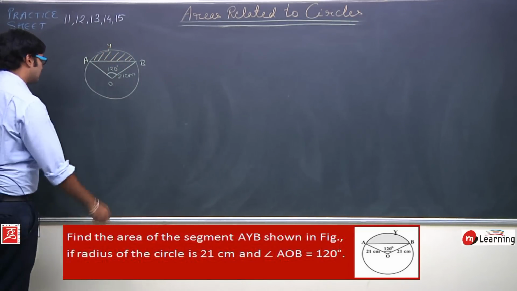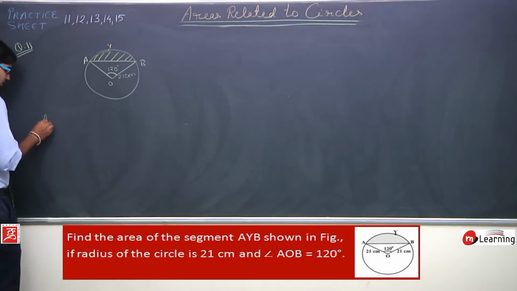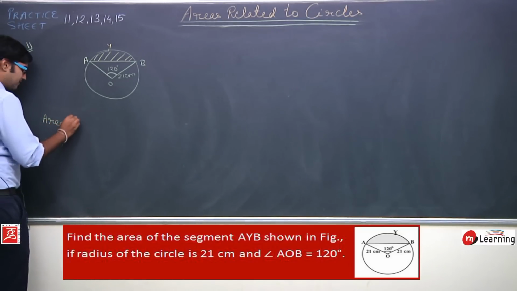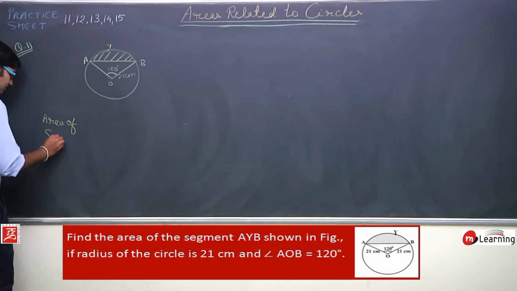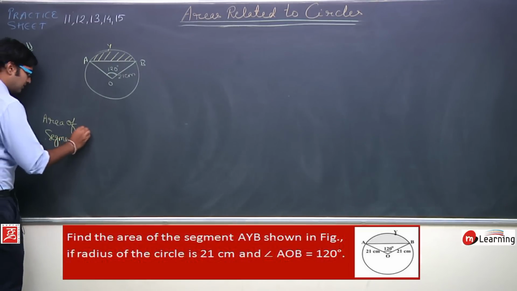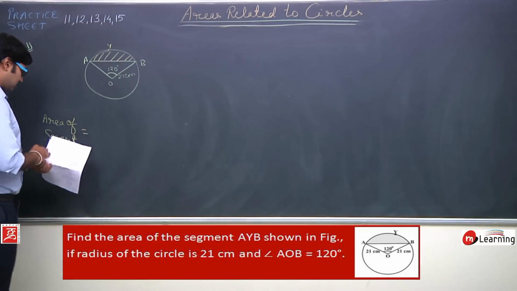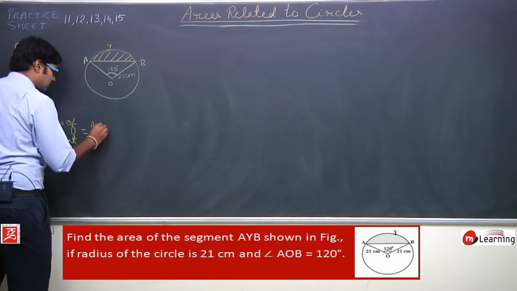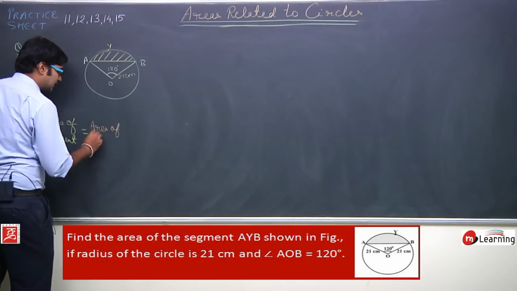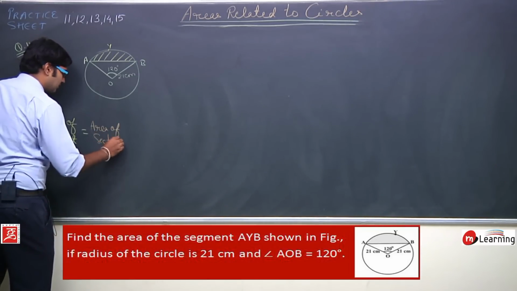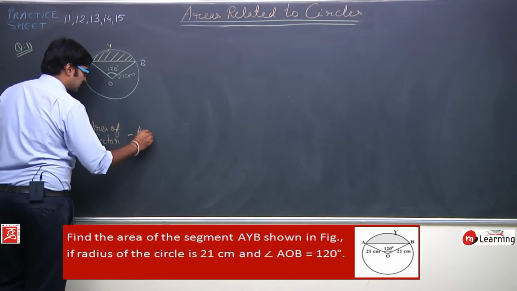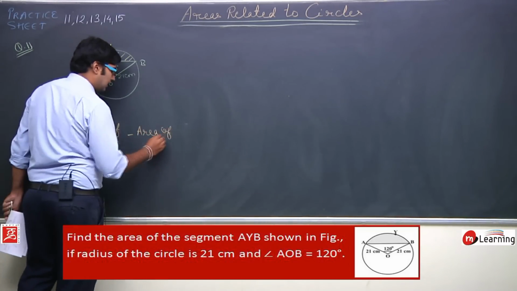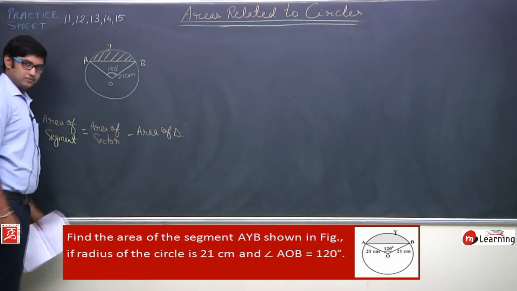So, what is the formula to calculate area of segment? Area of segment is equal to area of sector minus area of triangle. We know this formula.